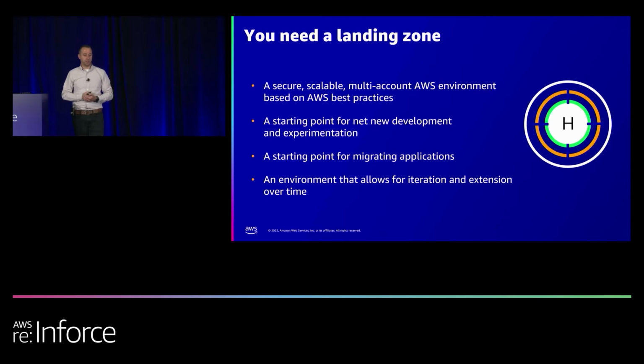Foundationally, you need a landing zone. That is that secure, stable, scalable, multi-account AWS environment. It's that starting point for new development, for new experimentation, and ideation and iteration of new capabilities.